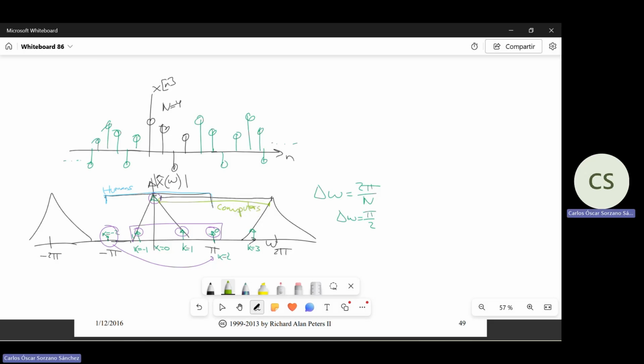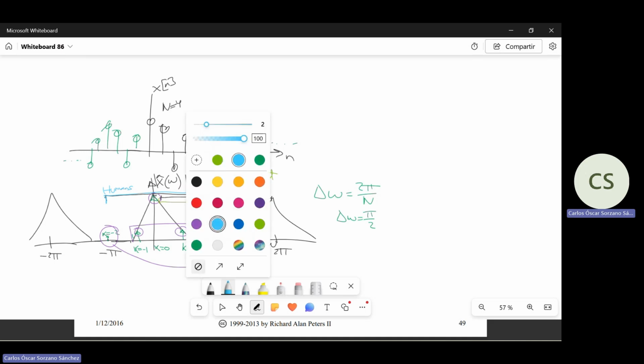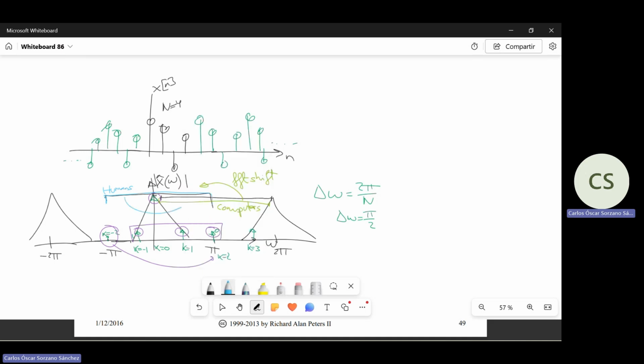And how to go from one to the other, this is called FFT shift. So we do FFT shift. You go from the representation of computers that goes with k 0, 1, 2, and 3 to the representation of humans. And if you want to go from humans to computers, you do inverse FFT shift.